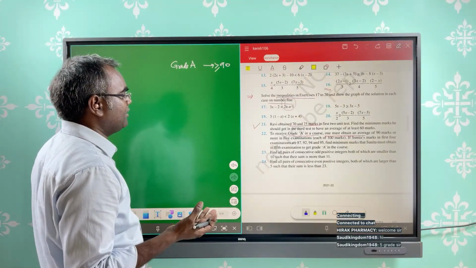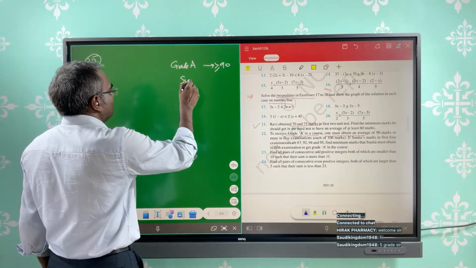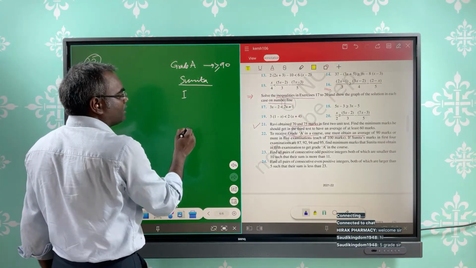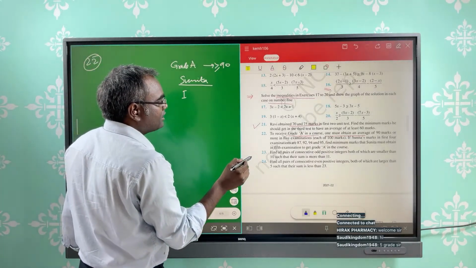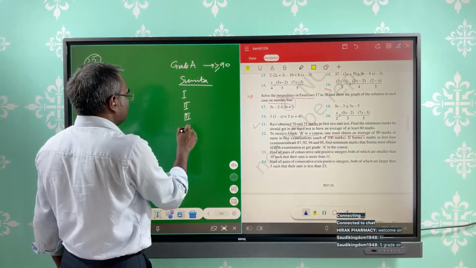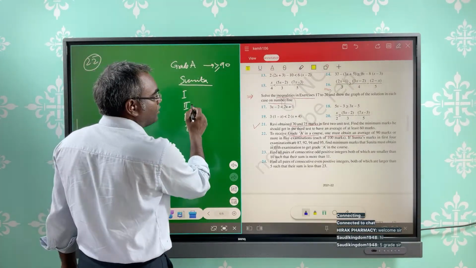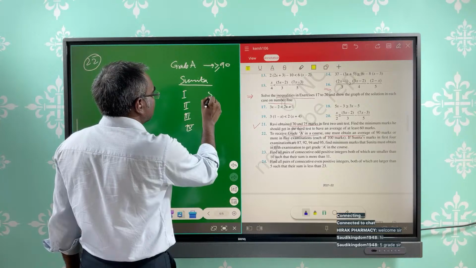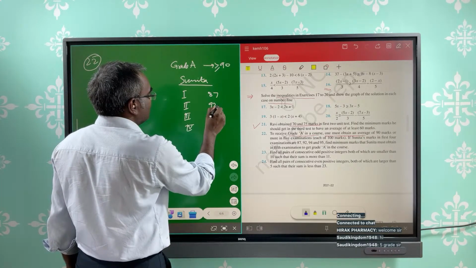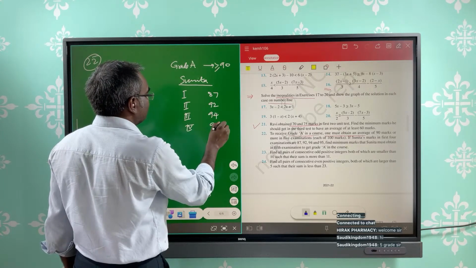If Sunita's marks in the first 4 examinations are, so Sunita is a student, in the first 4 examinations she got different marks, let us see. In the first examination she got 87, in the next she got 92, then 94, then 95.